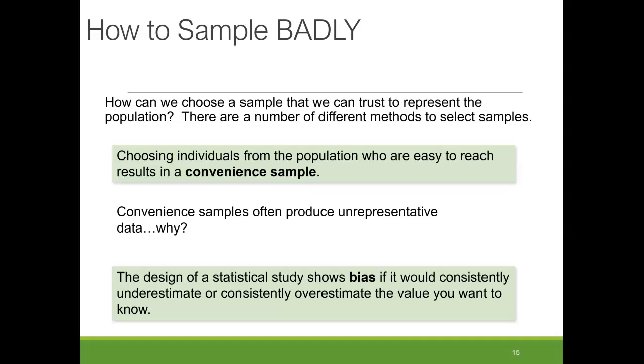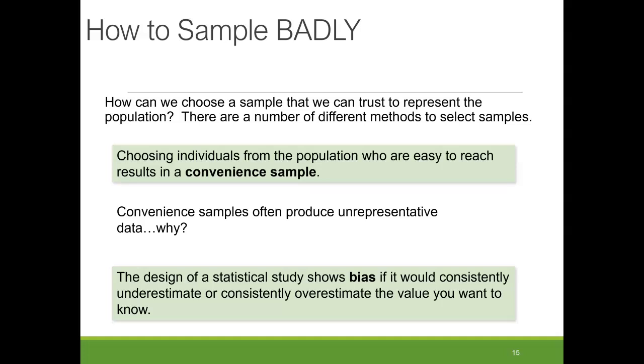Or even if you're responding, maybe you're someone that's more likely to be home. So you're probably more likely to be a retired person. So you're oversampling a specific age group, or a specific income level, where you have more time to be at home because you're retired, and you have a bunch of time and you're more willing to answer something like that.